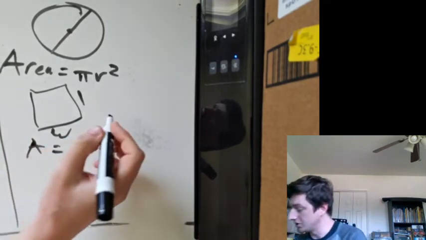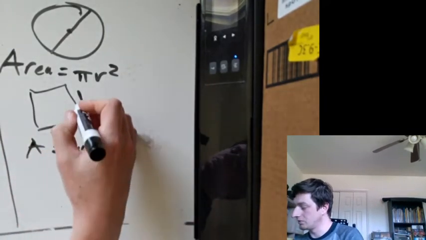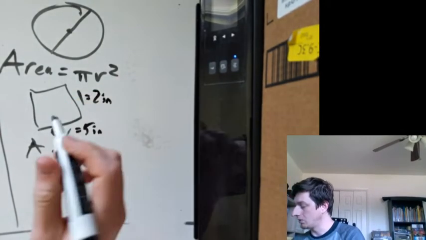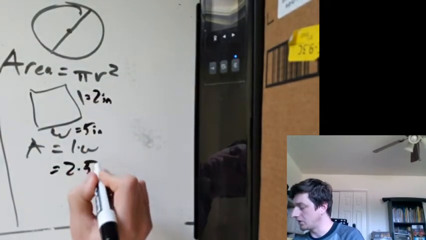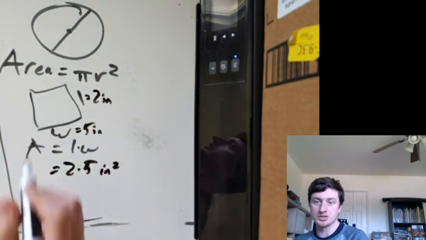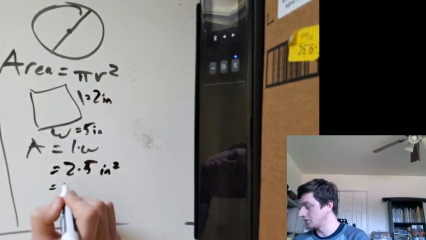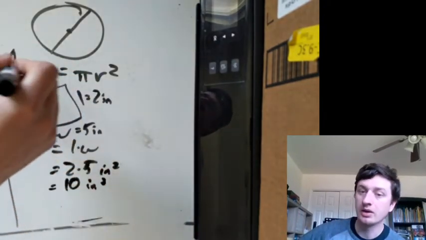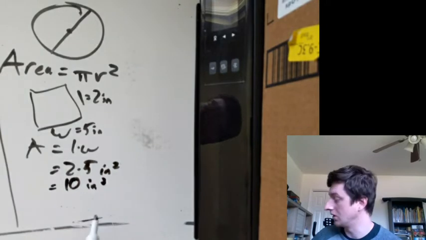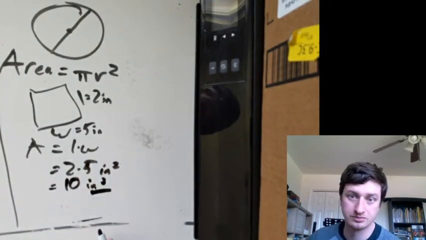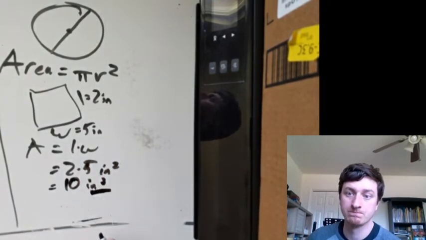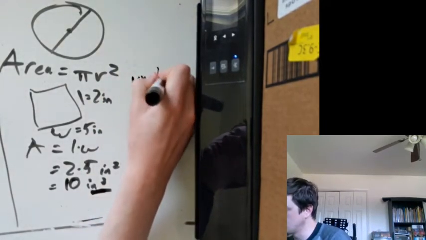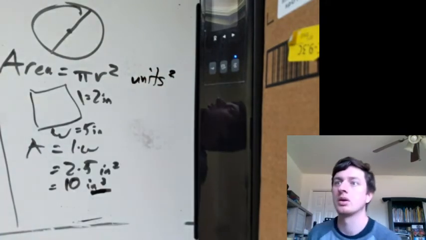So if this was in inches, this was 5 inches and this was 2 inches, clearly not to scale, we would get 2 times 5 inches squared, right? Inches times inches. And that gives us 10 square inches. So our answer for the area of a circle is also going to be in square units, whatever those are. So this would be units squared. Okay?